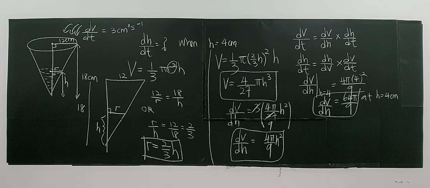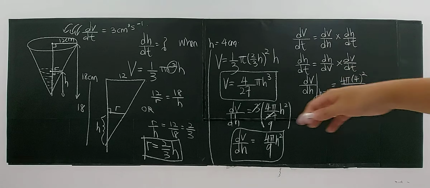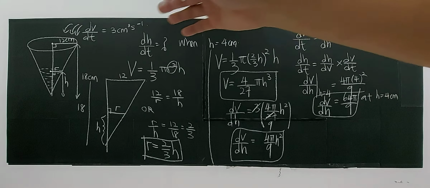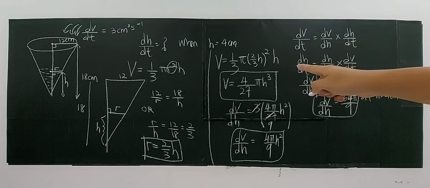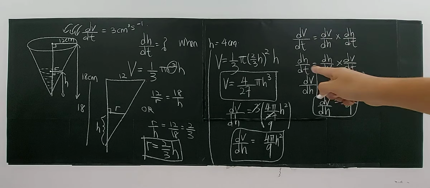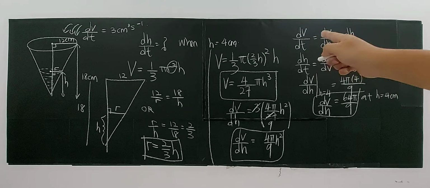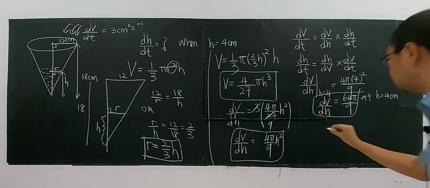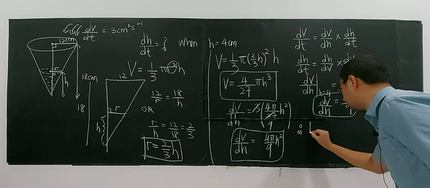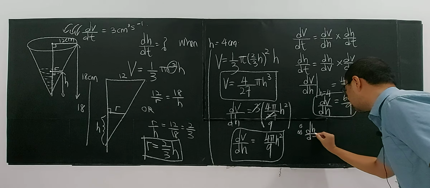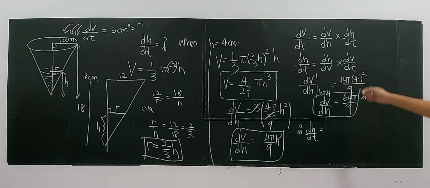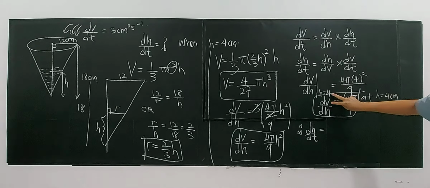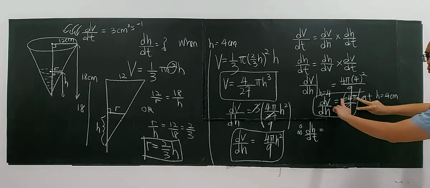With all this information, I have enough to find dH dt. I can use this or this one, but I use this one, it's the same. You want to find dH dt. Therefore, dH dt is the same as dH over dV, so this dV dH you invert.